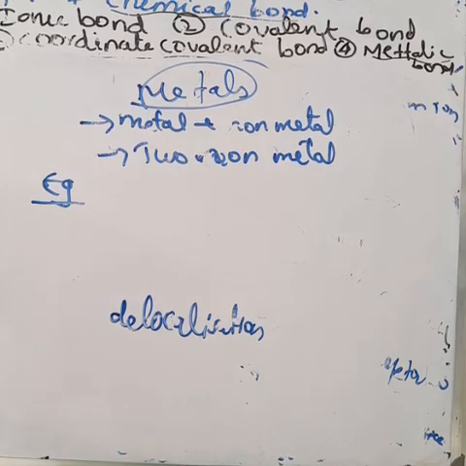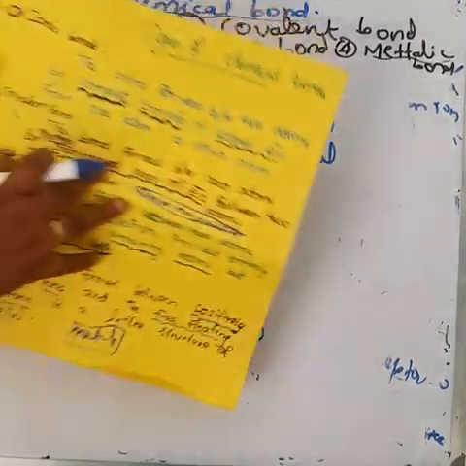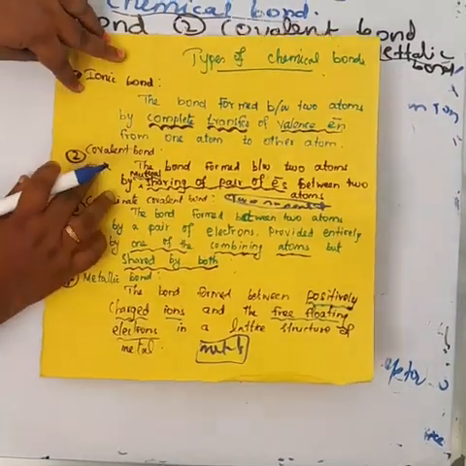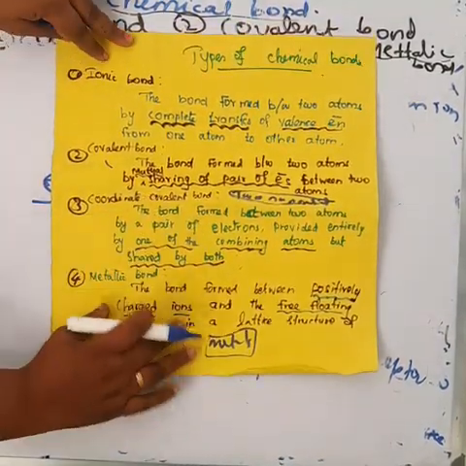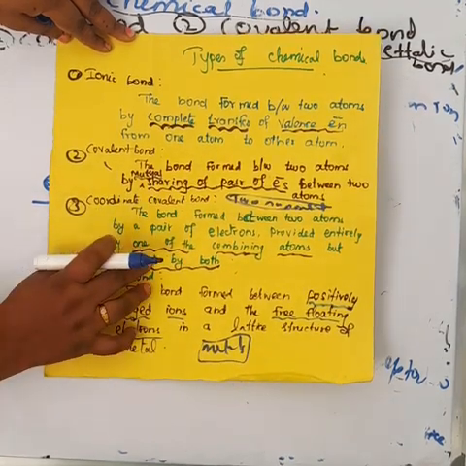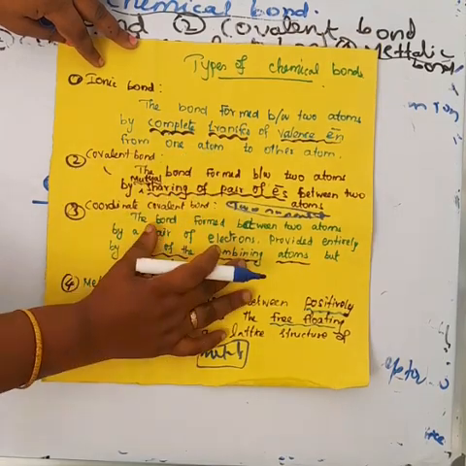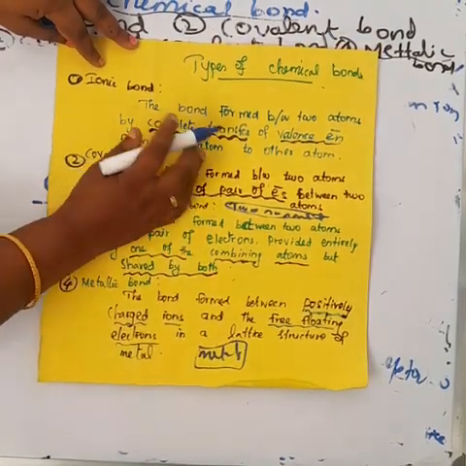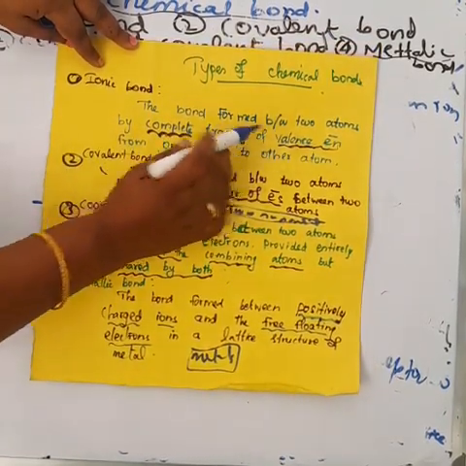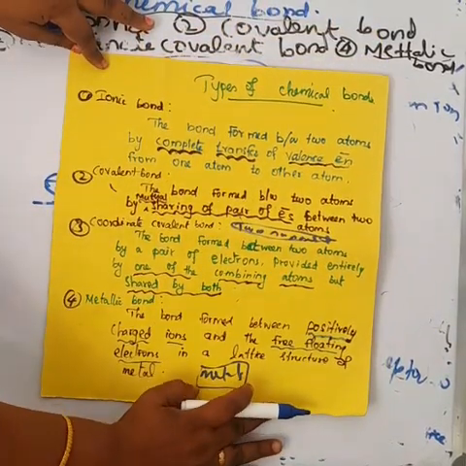What are the types of chemical bond? There are 4 types: ionic bond, covalent bond, coordinate covalent bond, and metallic bond. Ionic bond means complete transfer of valence electrons from one atom to another atom.